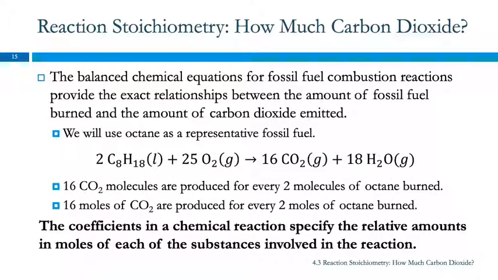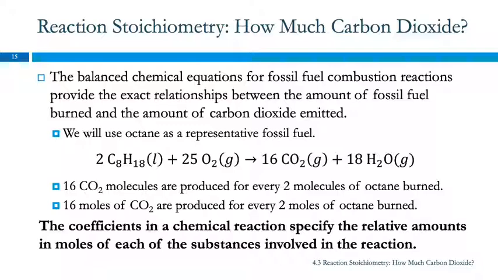Balanced chemical equation. What this is telling us is that we get 16 carbon dioxide molecules for every 2 octane molecules that burn. Okay? But that's a very, very small scale, right? So we'll move that up to moles.